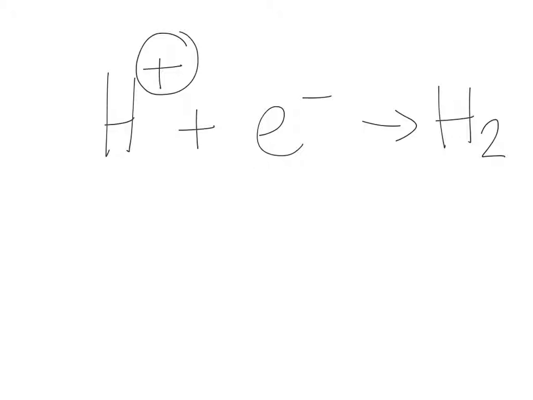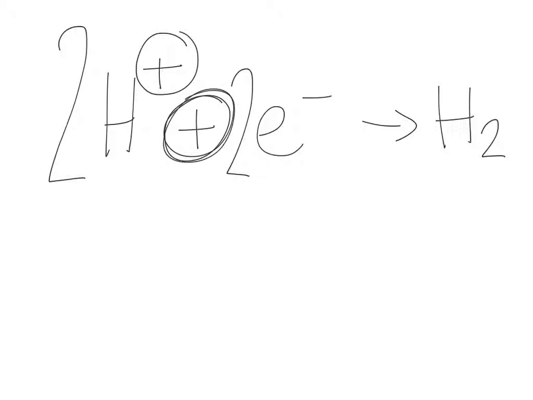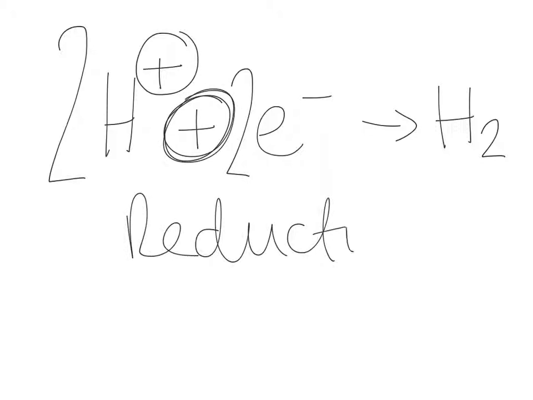So it's H2. This will mean that we'll have 2 H plus ions and we will need 2 electrons, one to be added to each of the hydrogen ions. This has gained electrons, therefore this is another example of a reduction reaction.